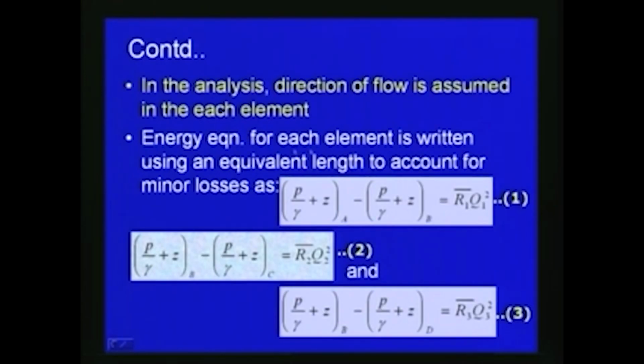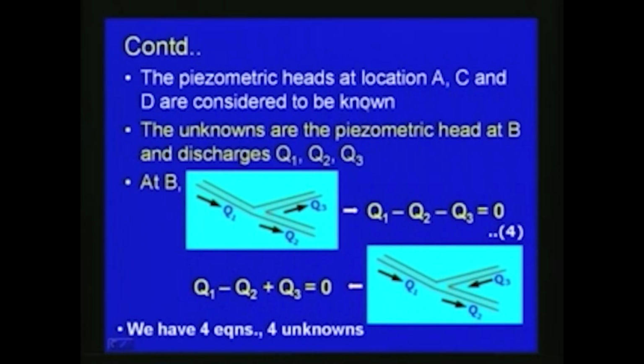So, now these are the energy equations which we have written between A and B, B and C and B and D. Next, the piezometric heads at locations A, C and D are considered to be known, as I mentioned. The reservoirs which are open, we consider that head is known, so the piezometric heads at A, C and D are known.